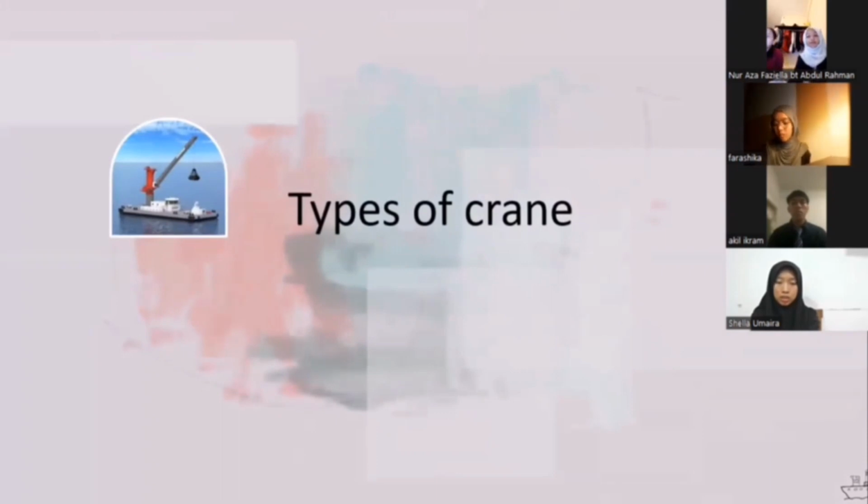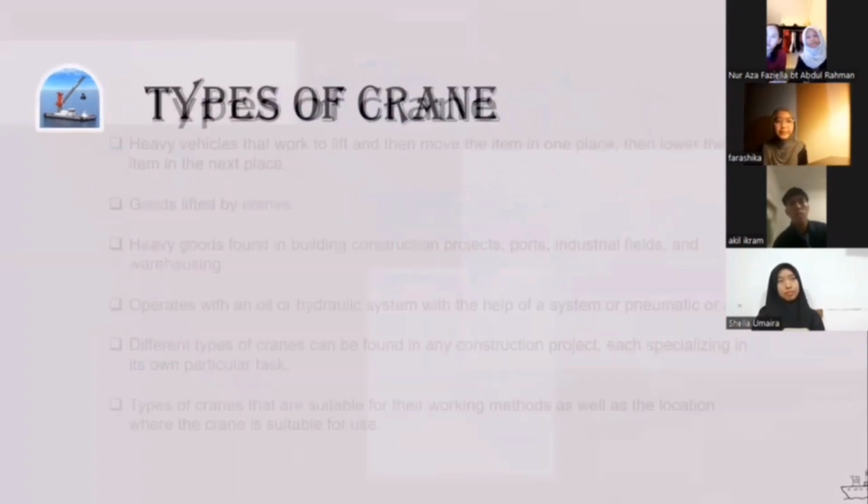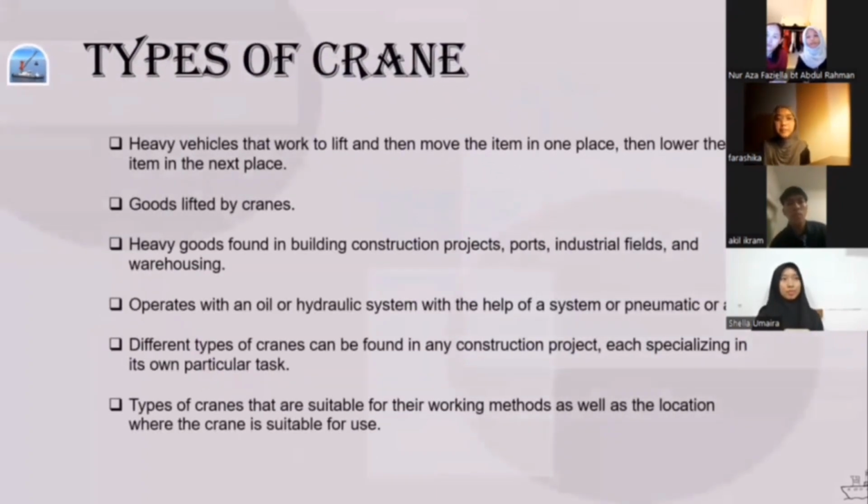So I will explain about type of crane. A crane is one of the heavy vehicles that works to lift and move items from one place, then lower the item in the next place.